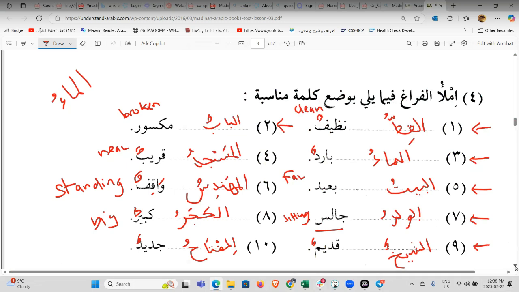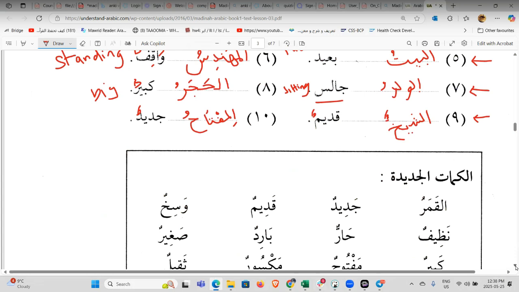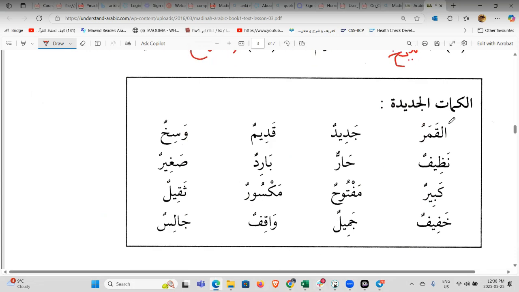Okay. We've done all the exercises, and here are the new words. Al-qamaru means the moon. Nadifun is clean. In a hadith of the Prophet ﷺ, he says, an-nadhafatu min al-iman.